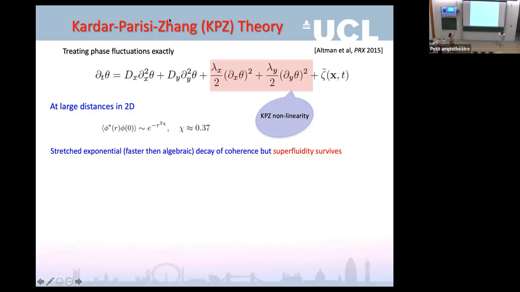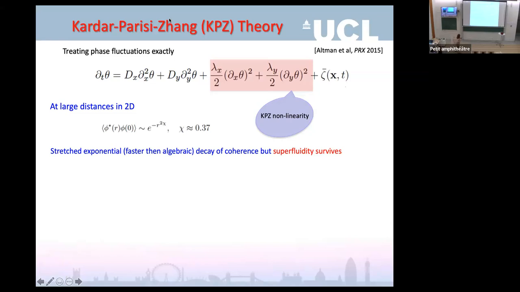However, if you for a moment forget that theta is a compact variable, and you just don't take this into account, despite the fact that you have stretched exponential decay of correlation, superfluidity should survive. So that was some work already quite old by Ruth Altman, Lukas Sieberer, Sebastian Diehl, who I believe will be here at some point.